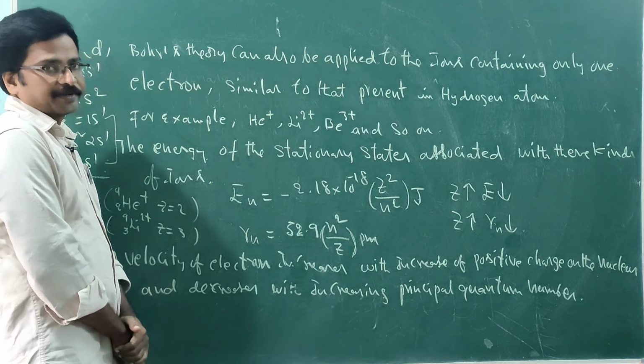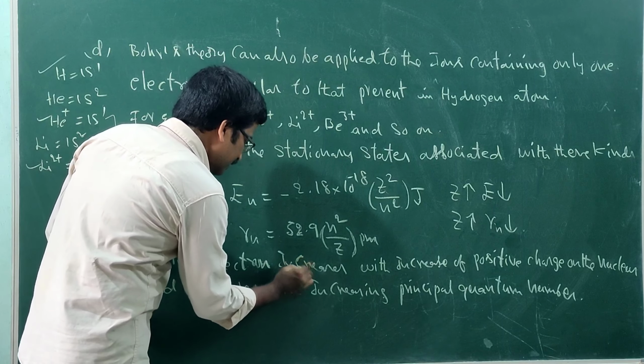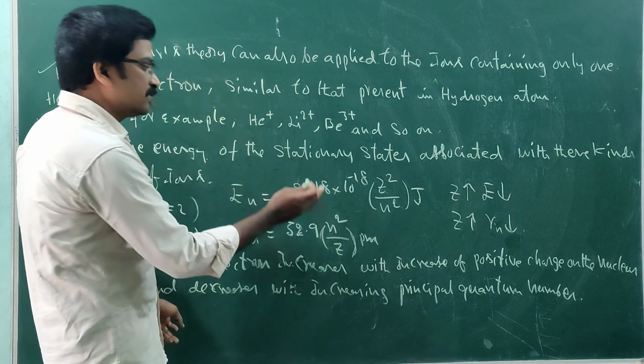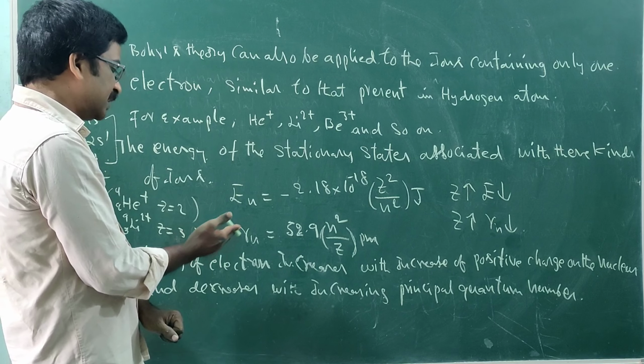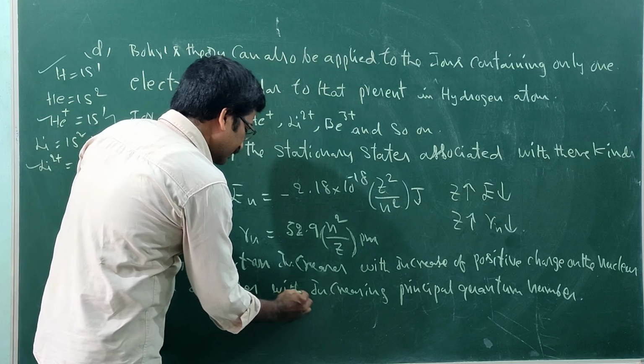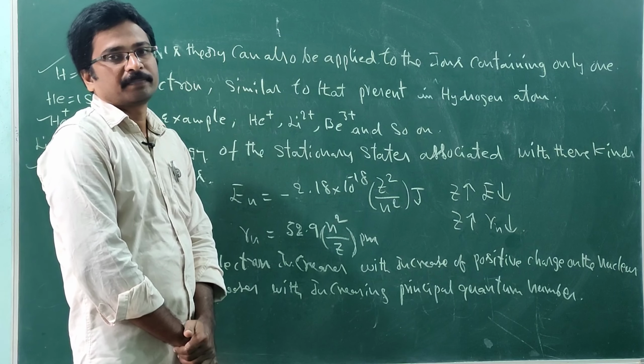What about point E? The velocity of an electron increases with increasing positive charge on the nucleus and decreases with increasing principal quantum number.